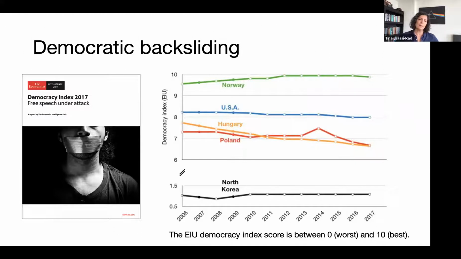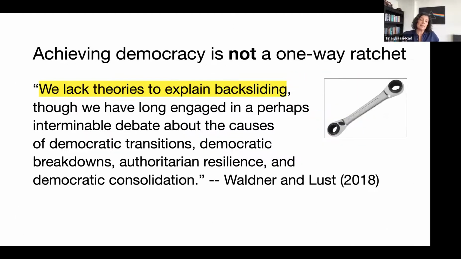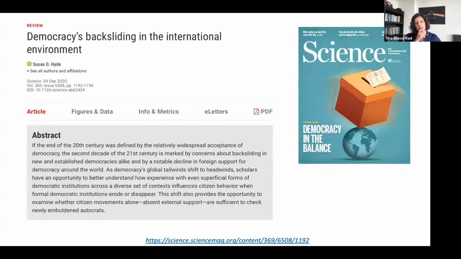And The Economist publishes about this, and you can look in depth about them. And one of the things that's happening is that we have no good theories to explain this backsliding. And in fact, the Science edition in September of 2020 was dedicated totally to democracy and balance.